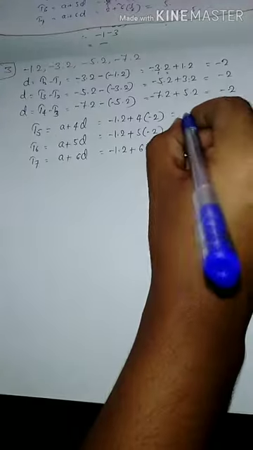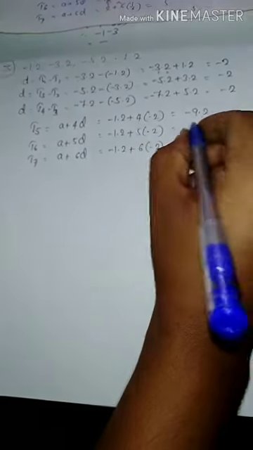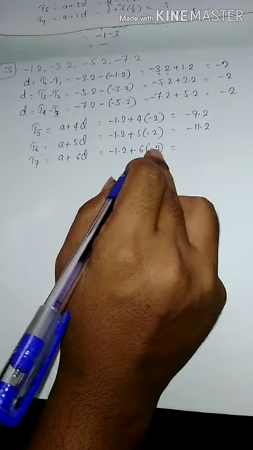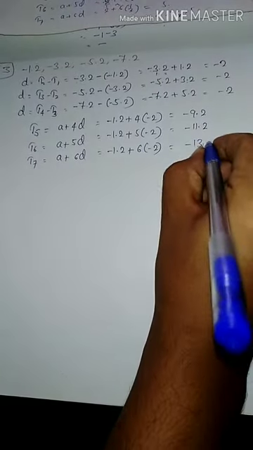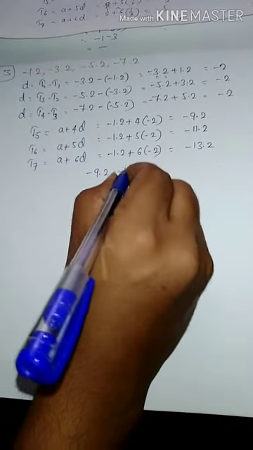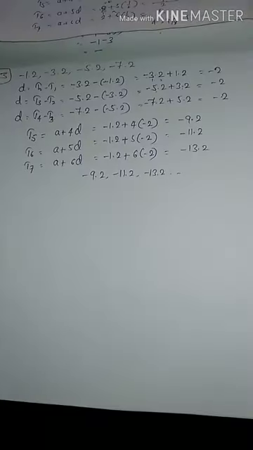Minus 8 plus minus 1.2 is minus 9.2. 5 twos are 10, 10 plus 1.2 is minus 11.2. 6 twos are 12, 12 plus 1.2 is minus 13.2. So minus 9.2, minus 11.2, minus 13.2 are the next three terms of the AP.